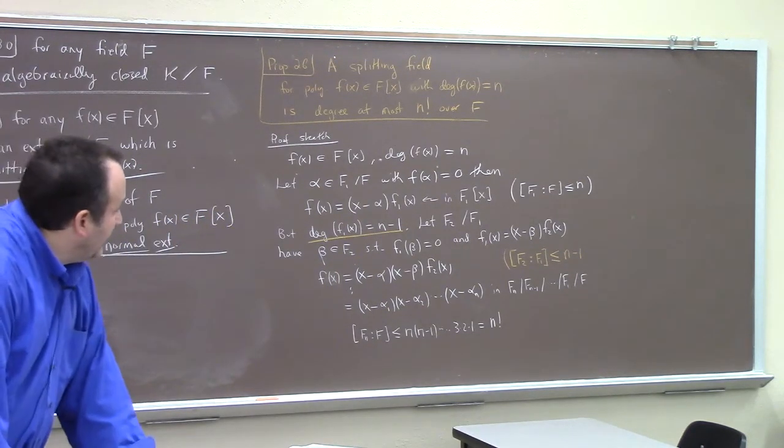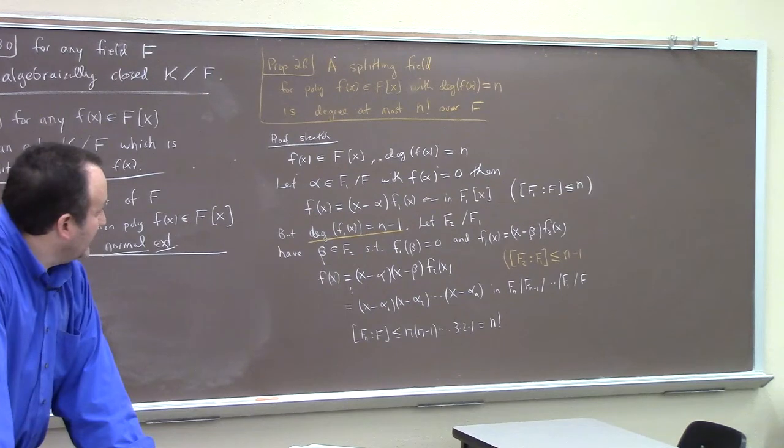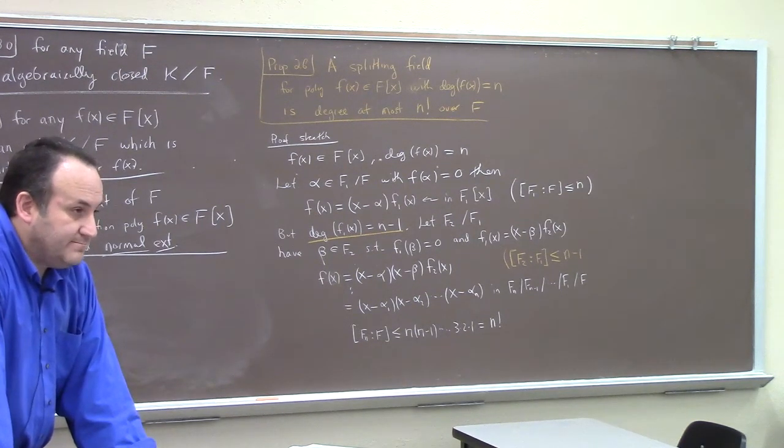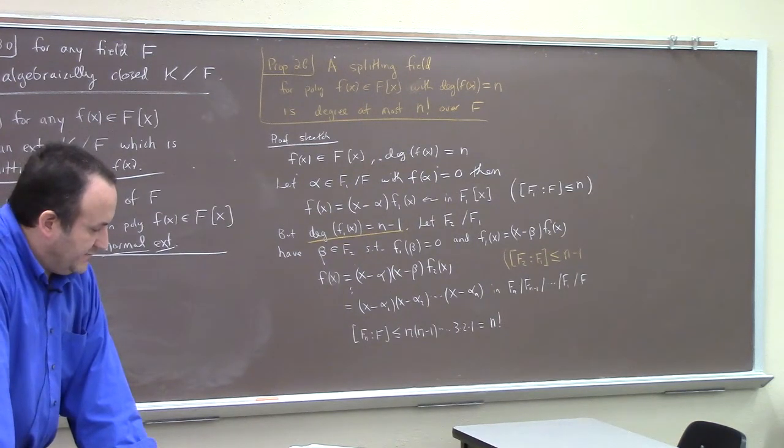So this says that a splitting field for a polynomial f of x of degree n has degree at most n factorial over F.